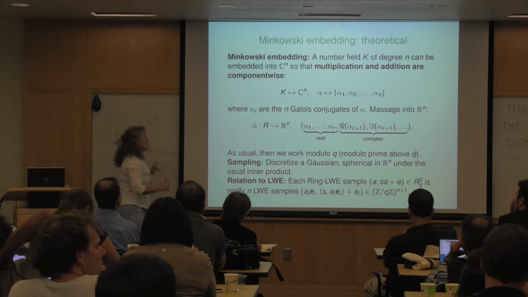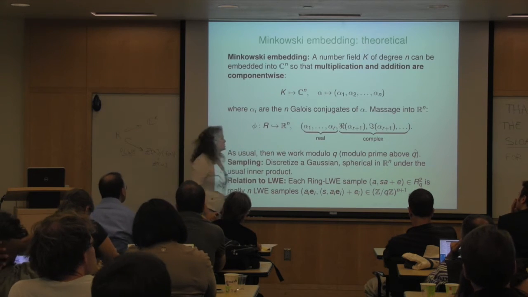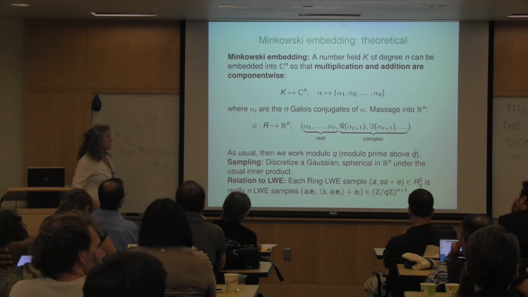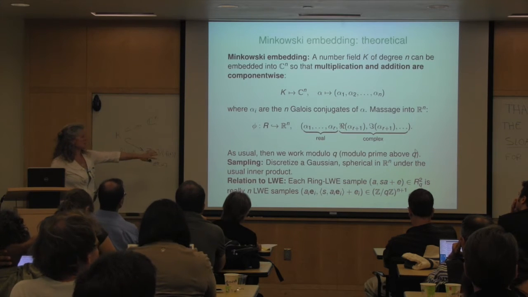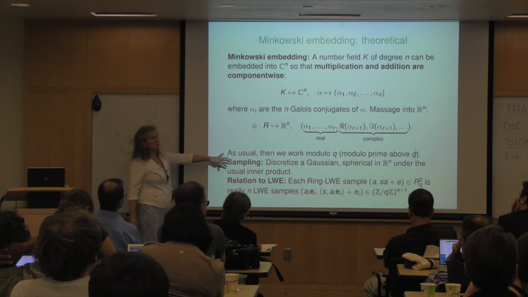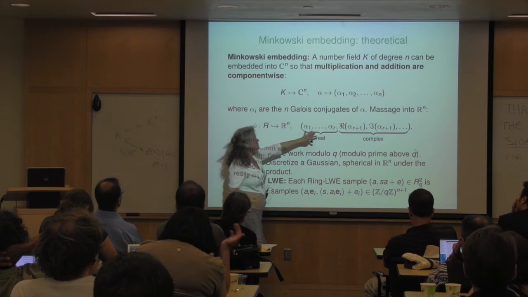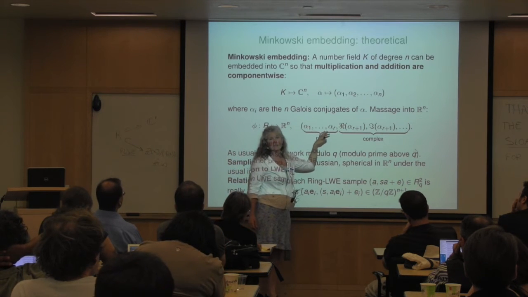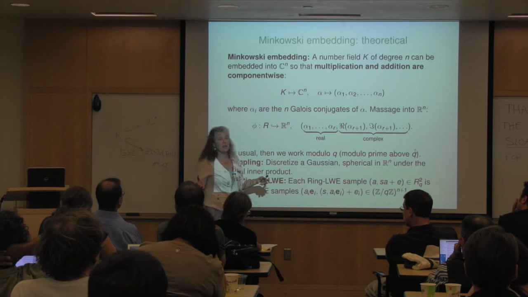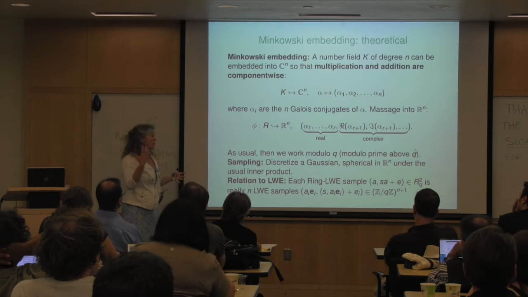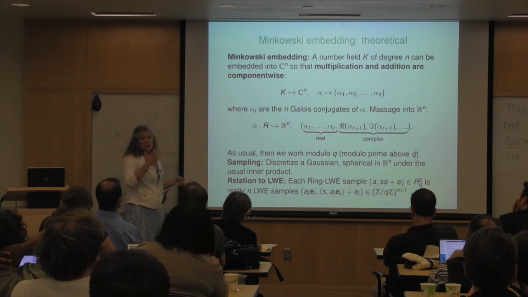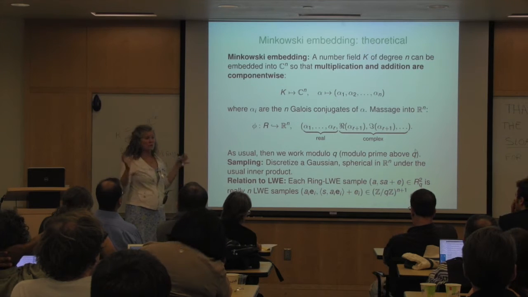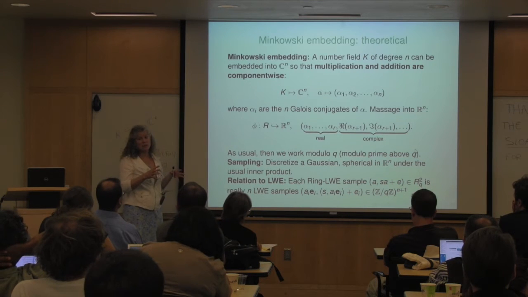There's a specific way that it's done in order to make things come out right, but the error distribution is now different. Now you have something which is sitting inside of complex space, C^n. And if you want to do, for example, a spherical Gaussian, you do it component-wise in this complex space.